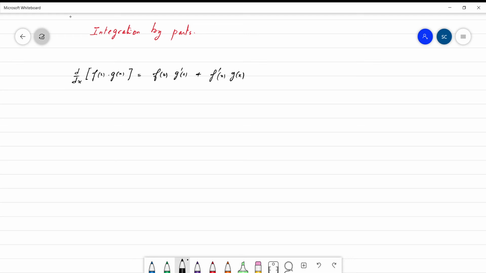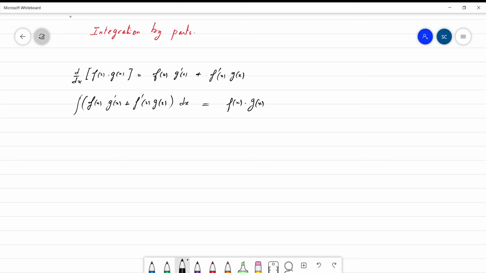Since the derivative of the product is this function, the product is an antiderivative of the other side. So an antiderivative of f(x) g'(x) plus f'(x) g(x) is the product f(x) g(x).